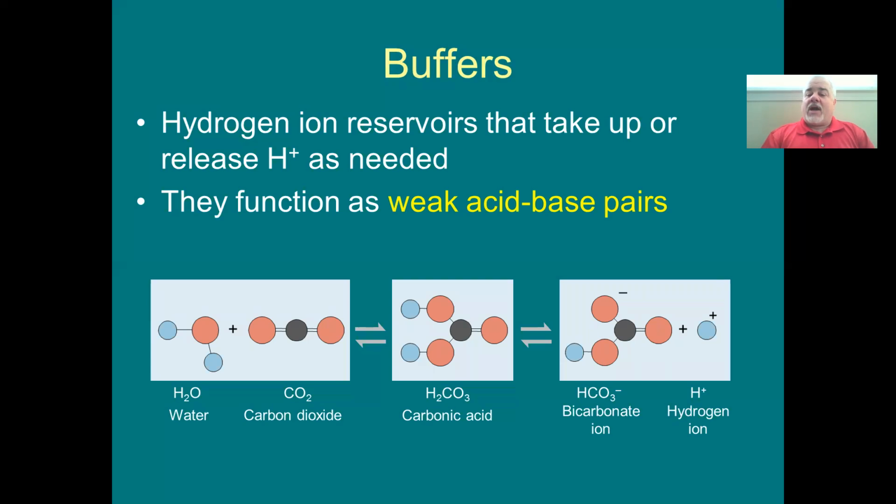That carbonic acid can then come apart to form bicarbonate and hydrogen ions. Why do we call it carbonic acid? It's an acid because it is a chemical that can come apart, increasing the hydrogen ion concentration.